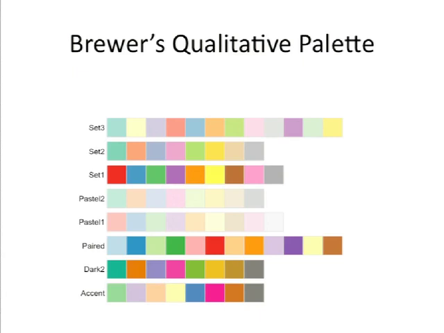These are the qualitative palettes that are available. If you look across a row, those are sets of colors that are similar to each other, yet if you were to use them as plotting colors for plotting symbols, it would be really easy to tell them apart.